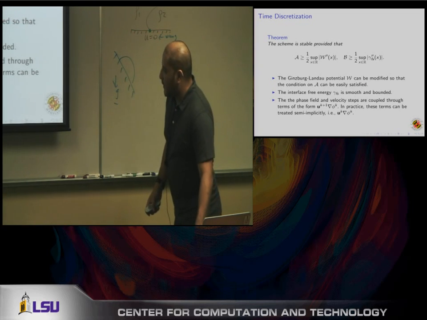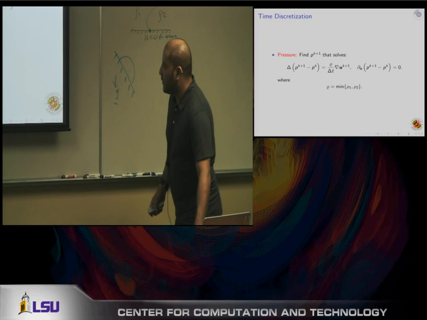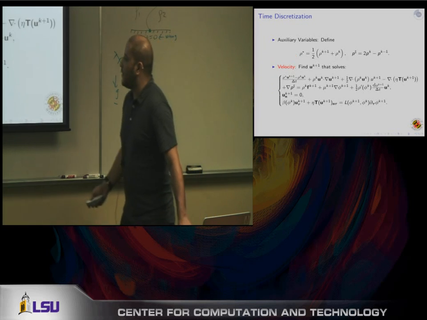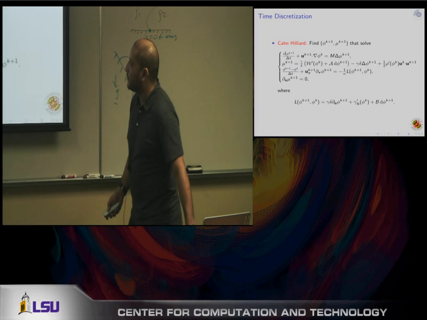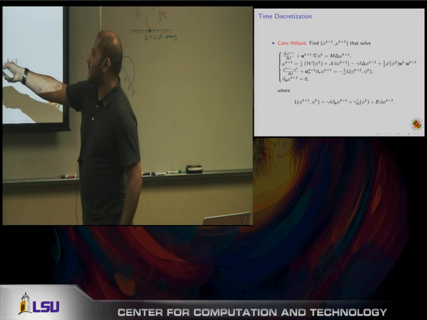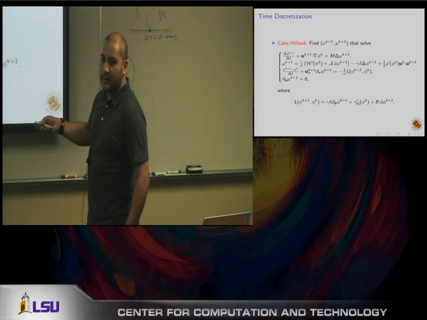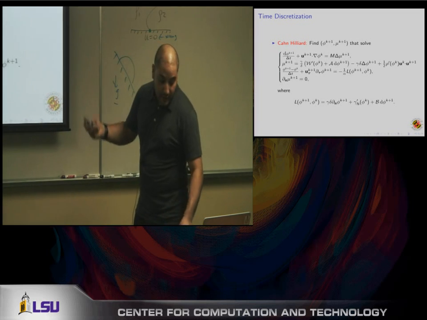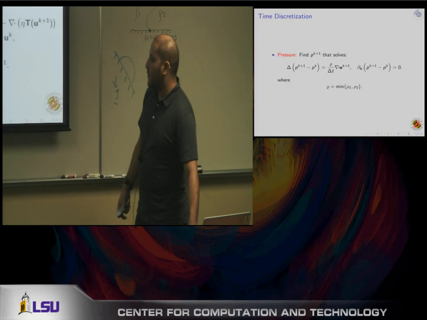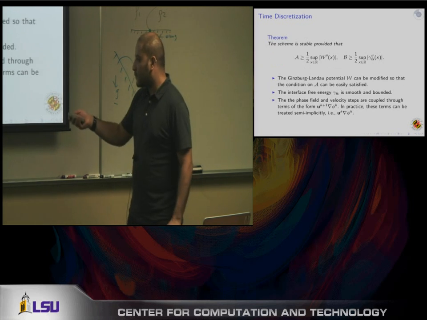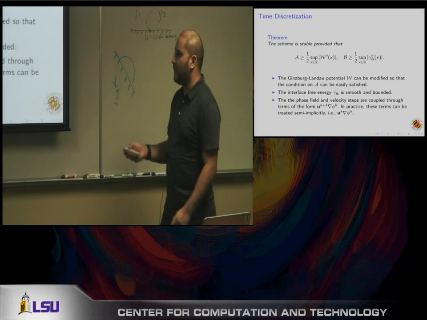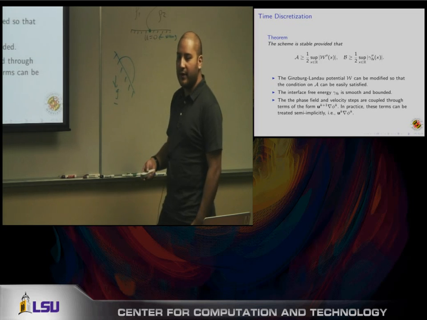One last comment is that here we're taking this expression implicit. At this point we do not know the new velocity, but we're using it for the computation. So again, this is not completely implementable because these two steps are coupled through this.